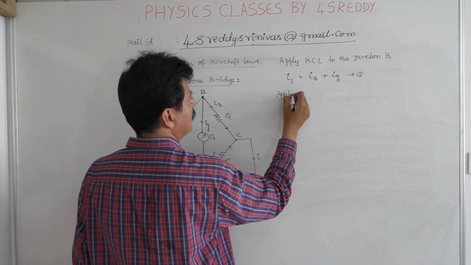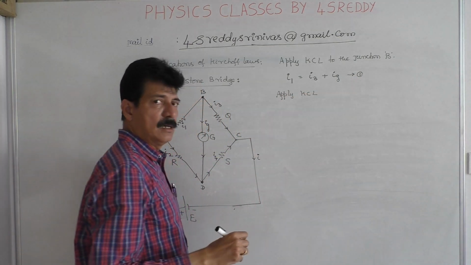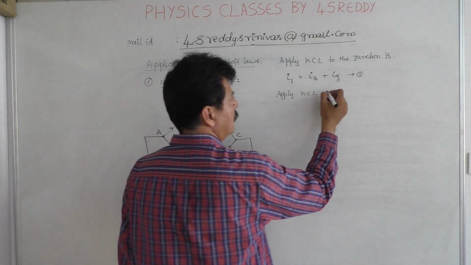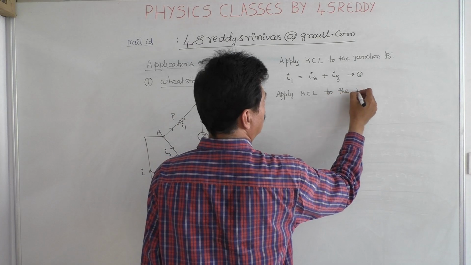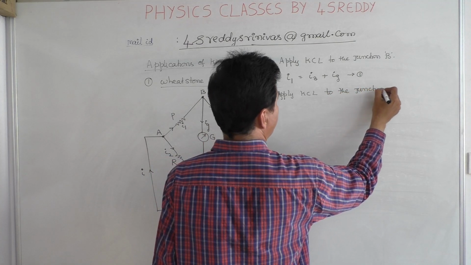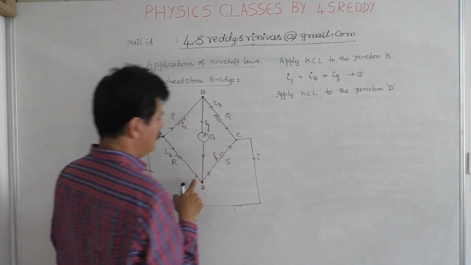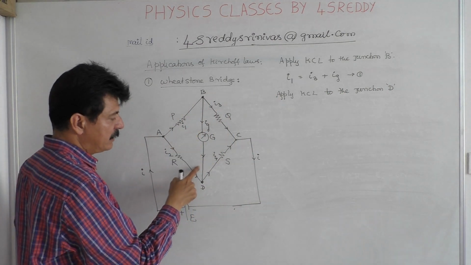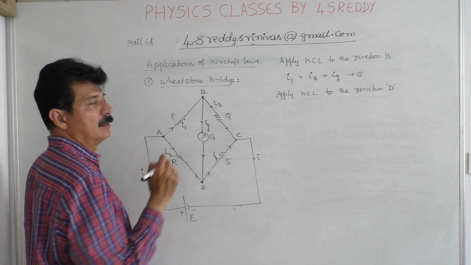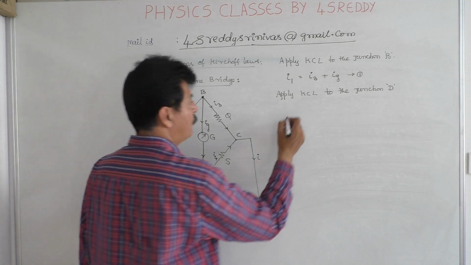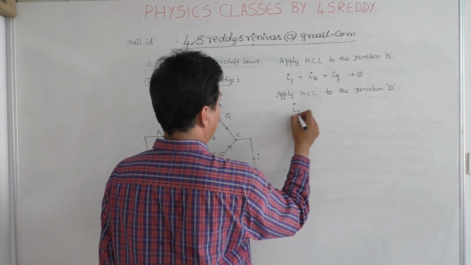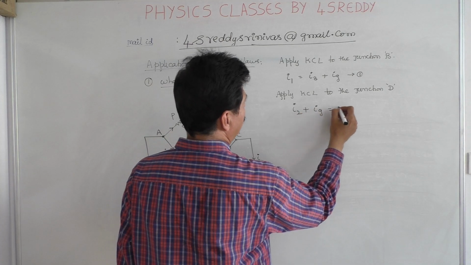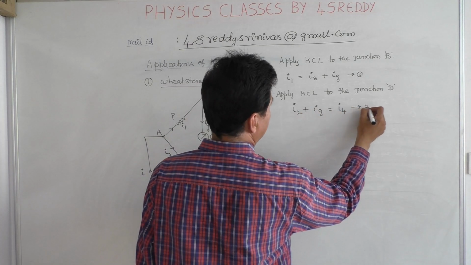Again, apply KCL, that is Kirchhoff's current law, to the junction D. When you apply this to the junction D, which currents are entering? I2 is entering, IG is entering, and these two combine and flow through as I4. Therefore, you can say that I2 plus IG is equal to I4, which is the second equation.